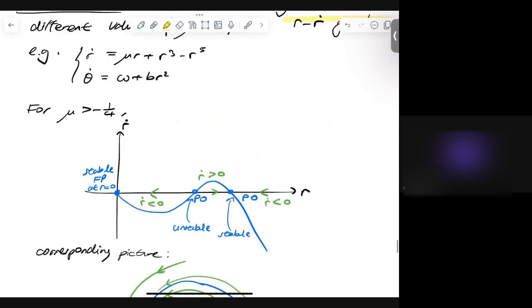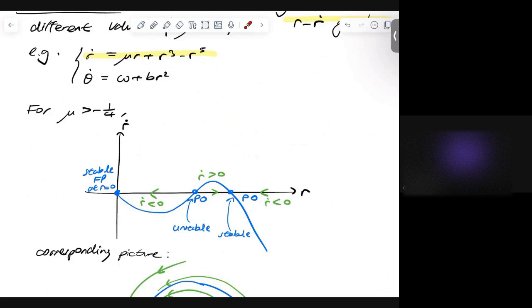For example, here with mu greater than -1/4, you can convince yourself that this is true. I'm taking this equation and just plotting it, and you get a quintic function.